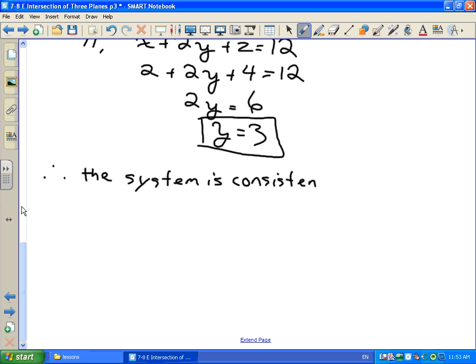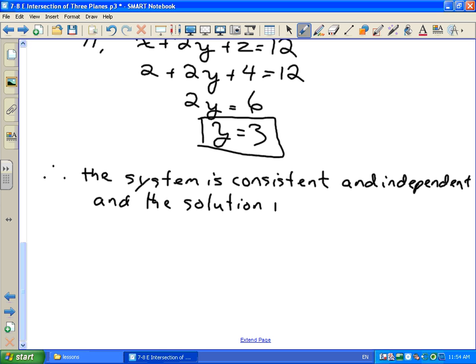And because we have a single unique solution, it is independent. And the solution is that point that we just found, x, y, z. So x was 2, y was 3, and z was 4. So our solution is the point 2, 3, 4.